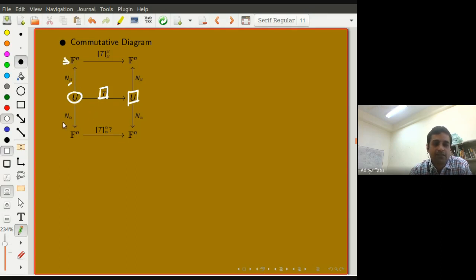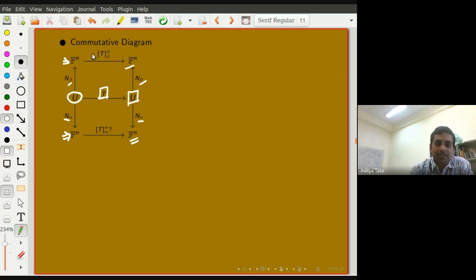Similarly, if I choose the basis alpha, then using this isomorphism n alpha, I get an isomorphism from U to this copy of Fn. Similarly, for the codomain, if it is equipped with the basis beta, I have this copy of Fn. If the codomain is understood to have basis alpha, I have this copy of Fn.